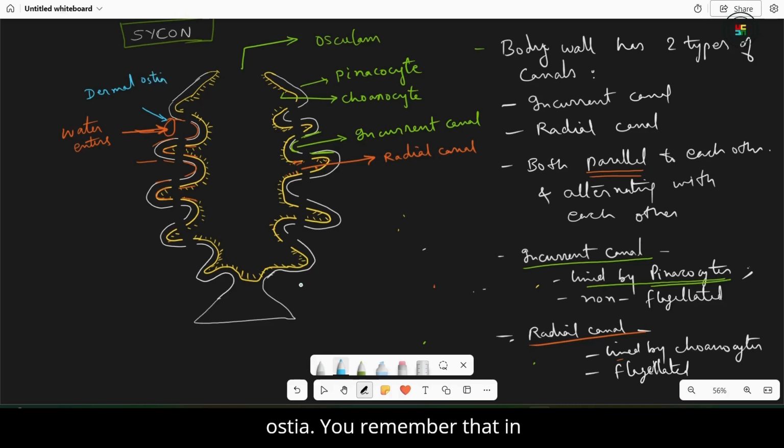You remember that in the Ascon type, the dermal ostia were the porocytes through which water was entering. But here, the dermal ostia are the gaps in the body wall through which water enters the incurrent canal. So this is the incurrent canal.